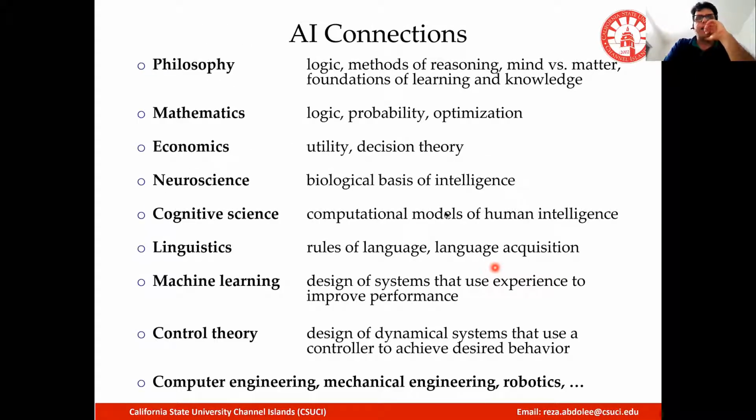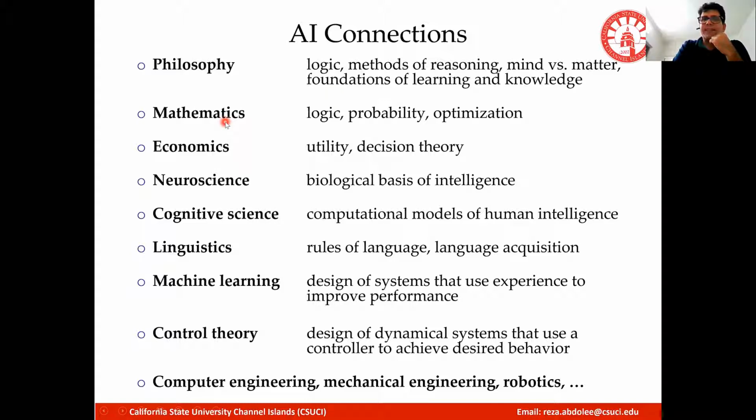Okay, so AI connections. In order to make an intelligent agent, which sciences or disciplines do you need to know? Basically, we cannot have expertise in all these areas, but all of them contribute to making an AI machine. Philosophy is there, as we talked about, making a machine that can think rationally.